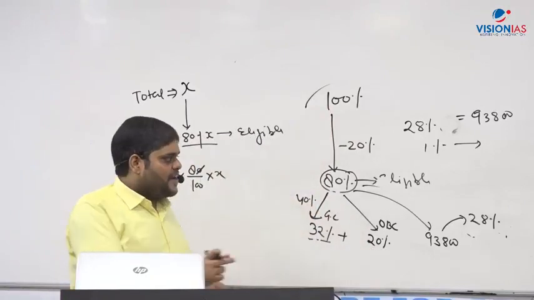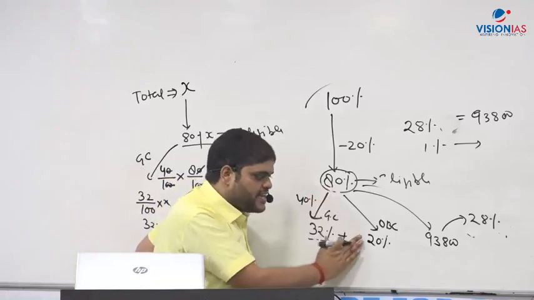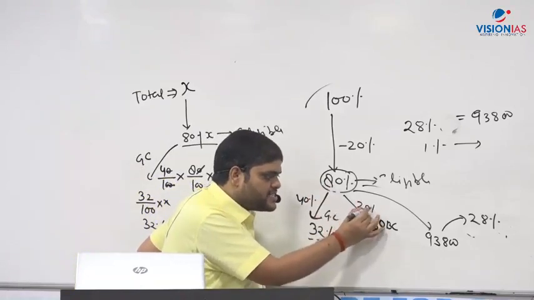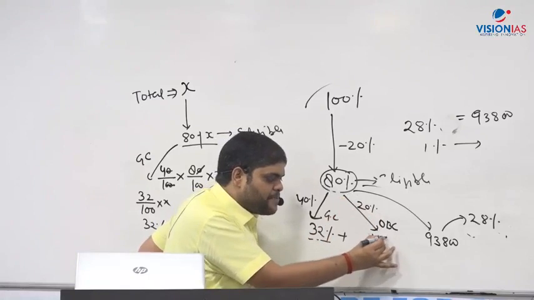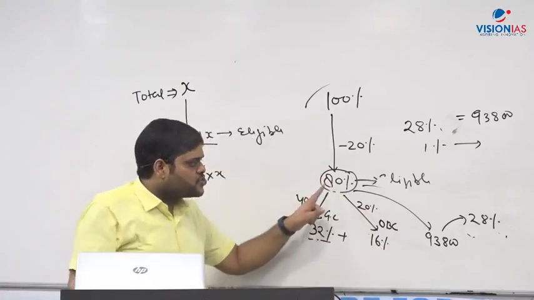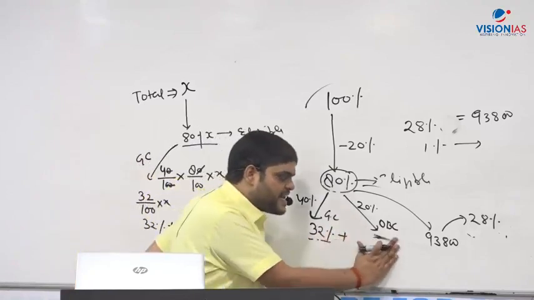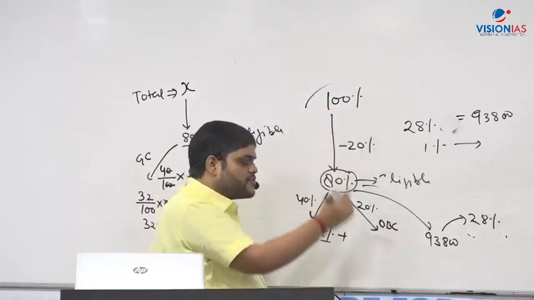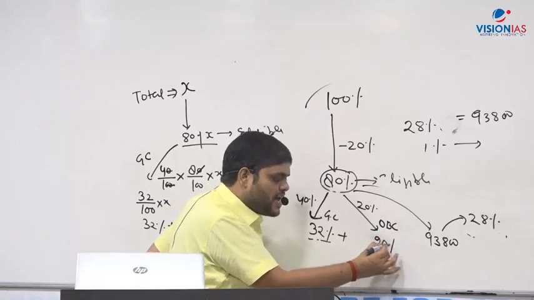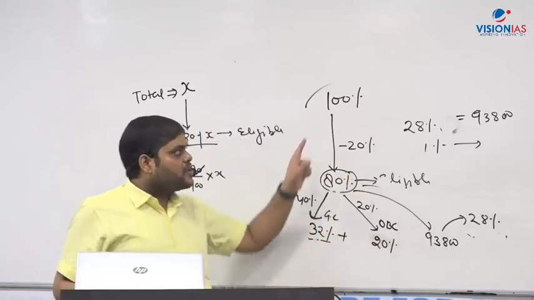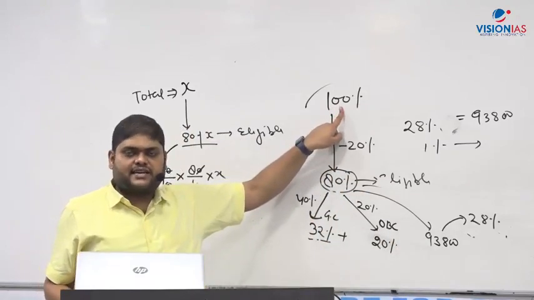Otherwise, if I had taken 20% of this, I would have written 16% here, because 20% of this is 16%. But since I have taken 20% of the total, this is shown as 20% because the total is 100%.